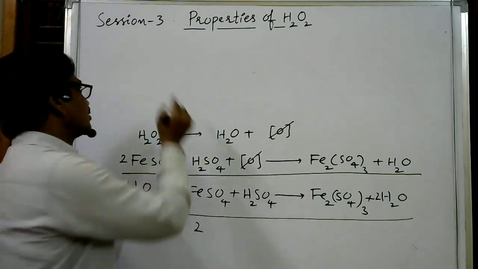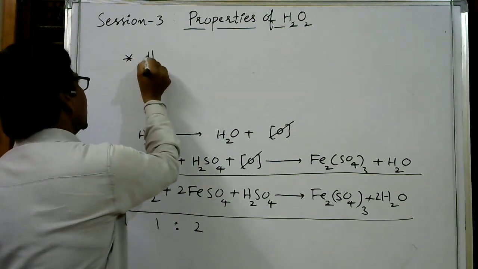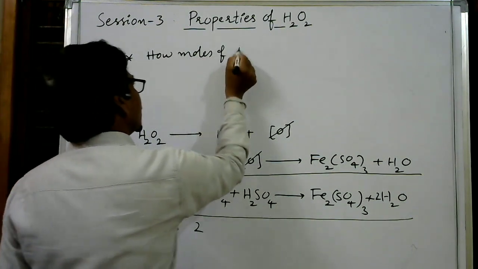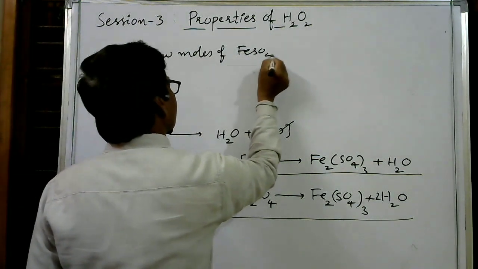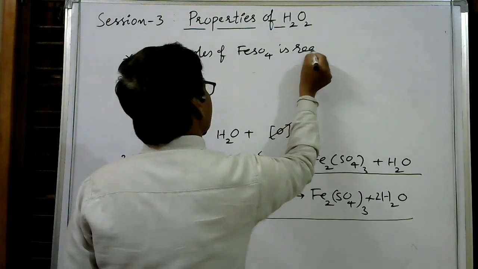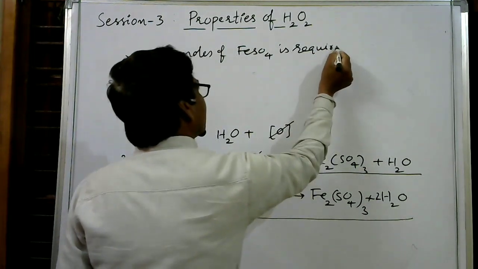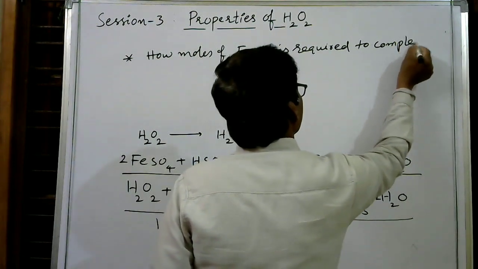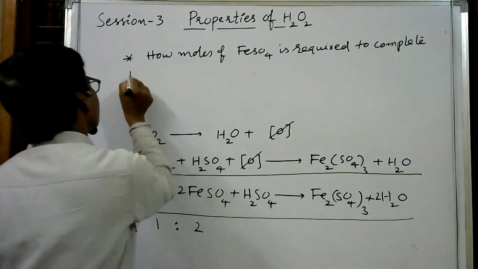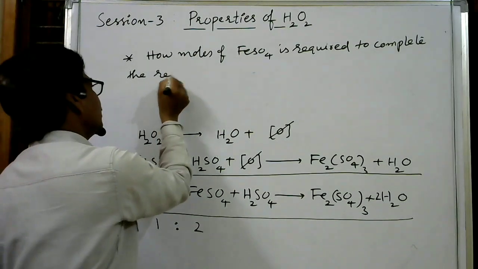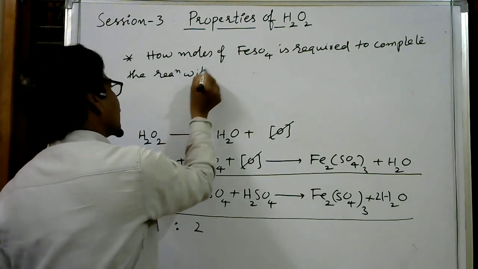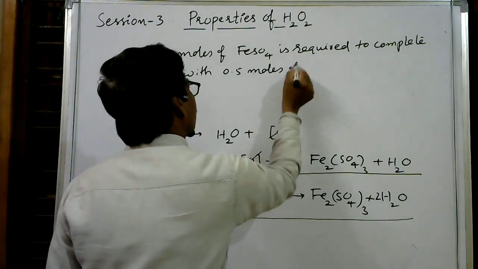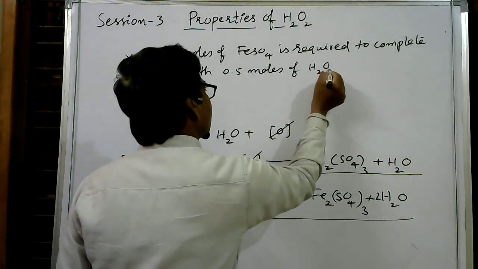Like that they may ask. So, how many moles of ferrous sulfate are required to complete the reaction with 0.5 moles of hydrogen peroxide?